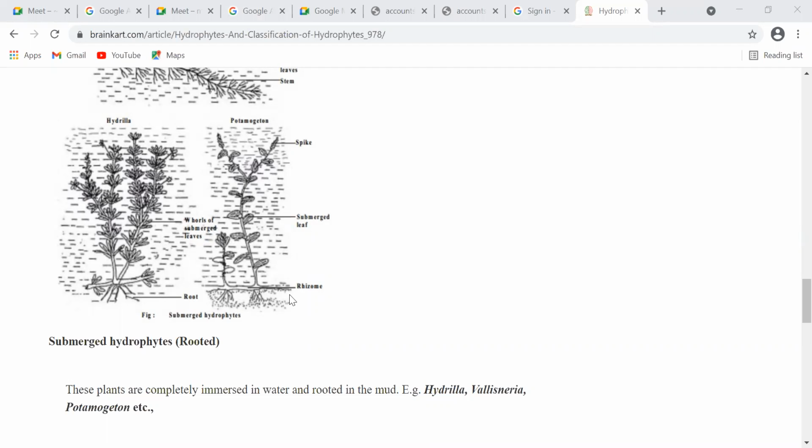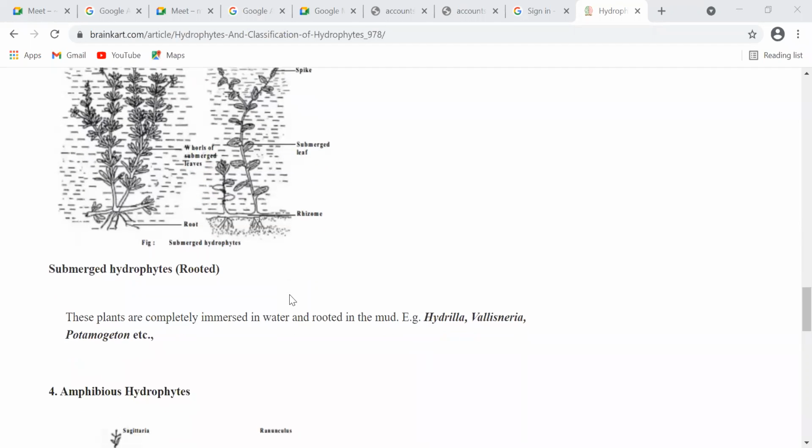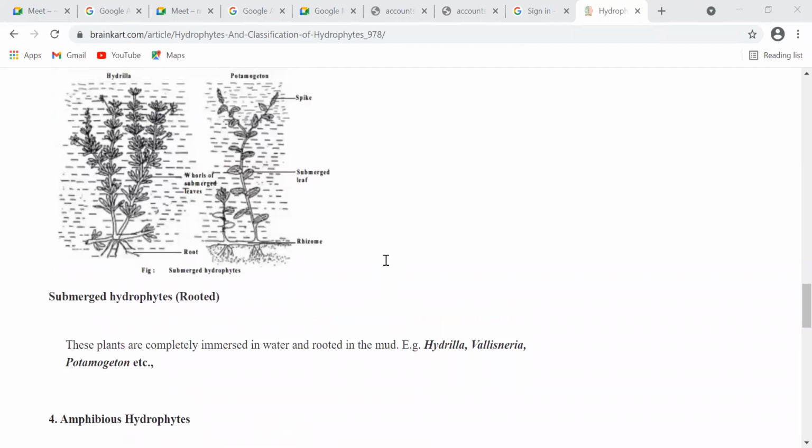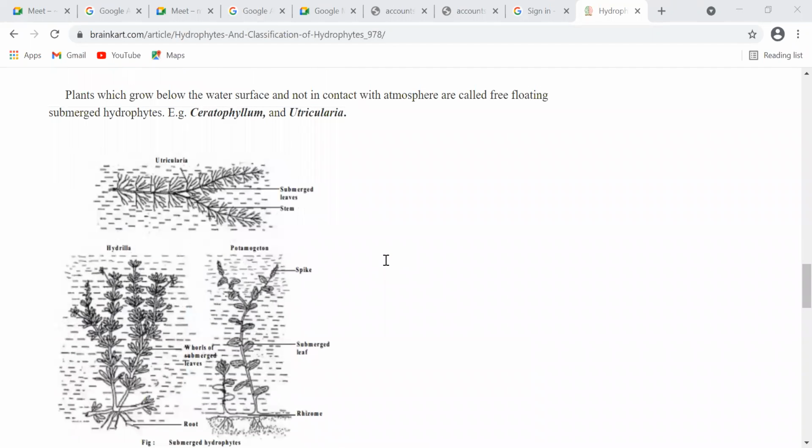So now we were seeing submerged hydrophytes. These are the rooted. The plants are completely immersed in water and rooted in the mud. So you can understand that in the submerged classification, none of the plant is coming outside the water surface.